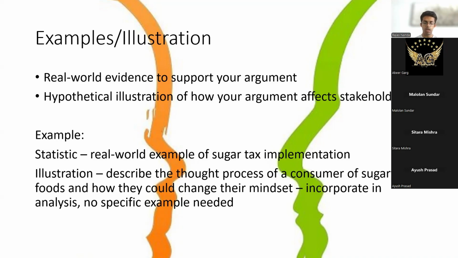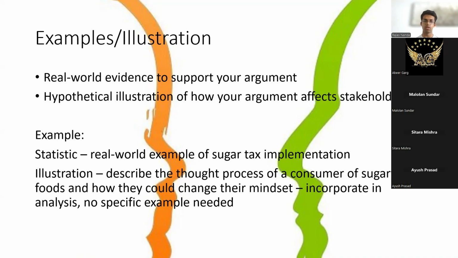And a key thing to note is that examples and illustrations are not enough just by themselves. So, for example, you cannot just say 100 years ago, this country implemented a sugar tax and it didn't work and obesity rates didn't decrease.